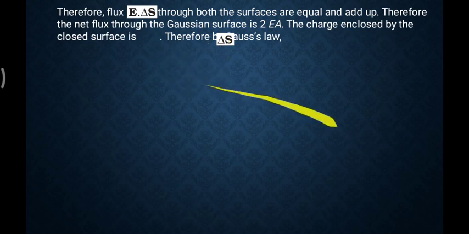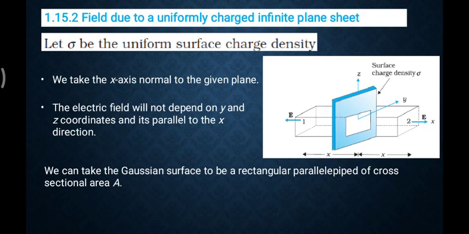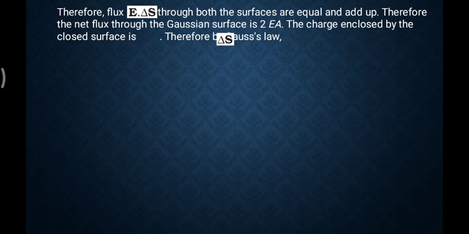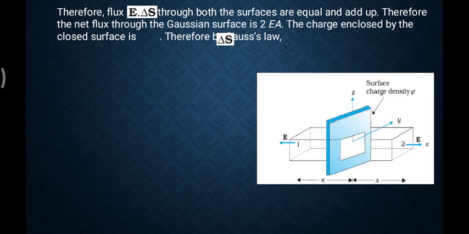Therefore the flux E dot delta S, we know the flux is always defined as E multiplied by the surface element, through both the surfaces equal, and they add up. So therefore the net flux through the Gaussian surface is 2E.